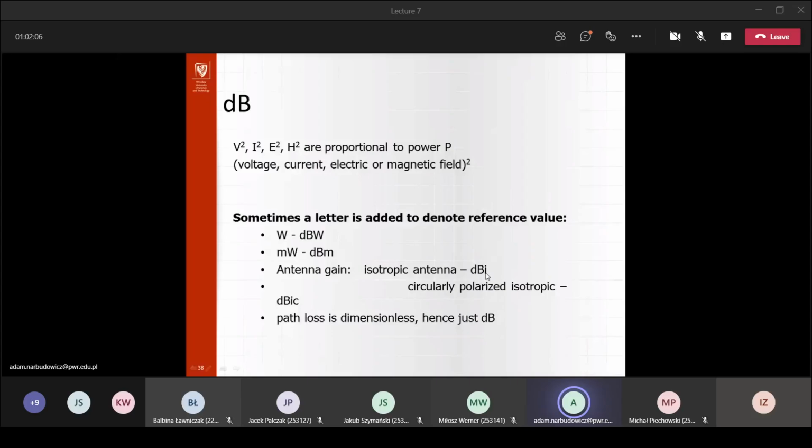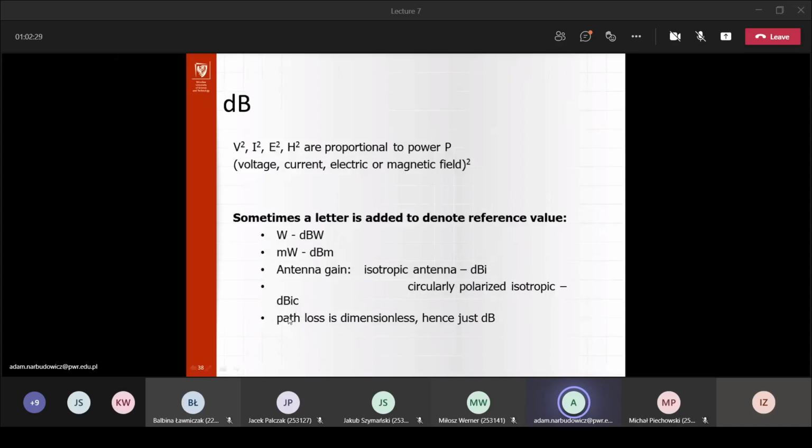Isotropic means simply an antenna that radiates the same amount of energy in every single direction. And if you want to include circular polarization, you'd use dBic. This is a little bit more advanced concept that also includes the polarization of the antenna.